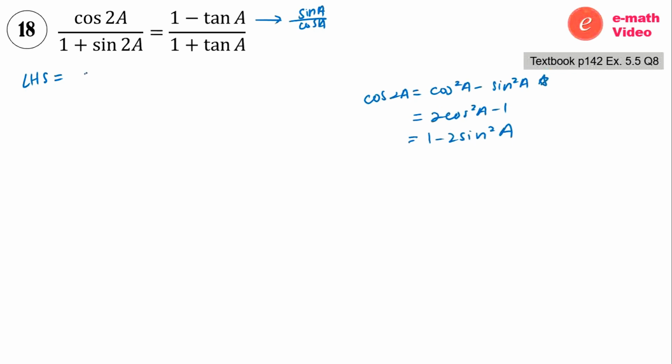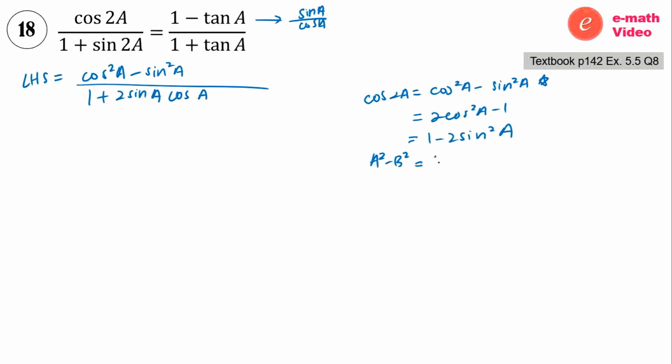Equals cos square A minus sine square A over 1 plus sine 2A. Sine 2A only has one formula, which is 2 sine A cos A. And then on top, as you can see, we have A square minus B square.